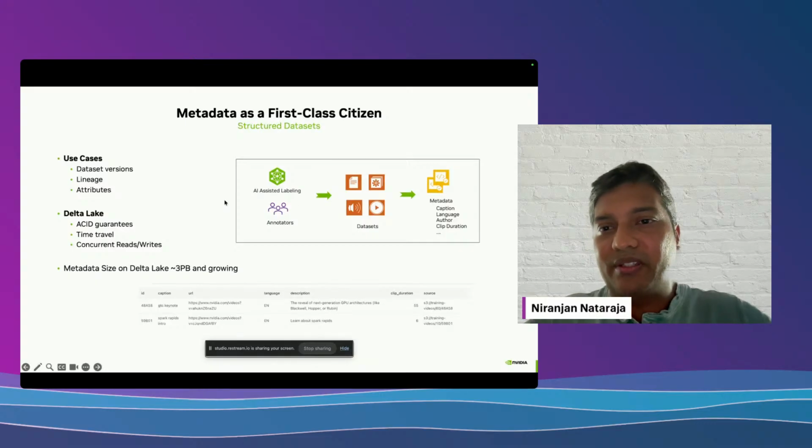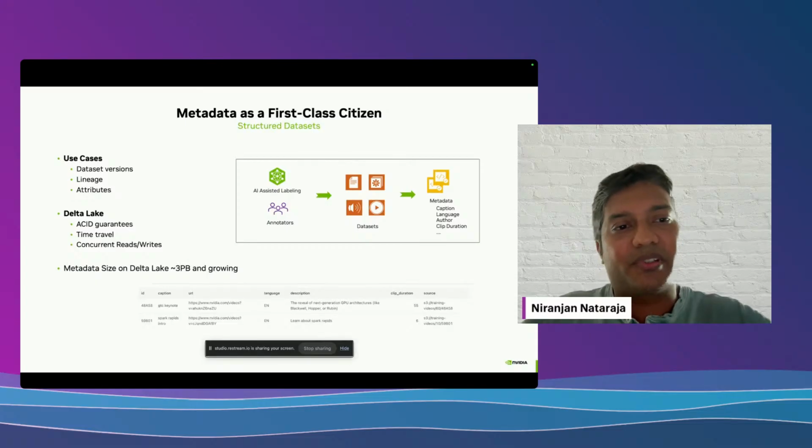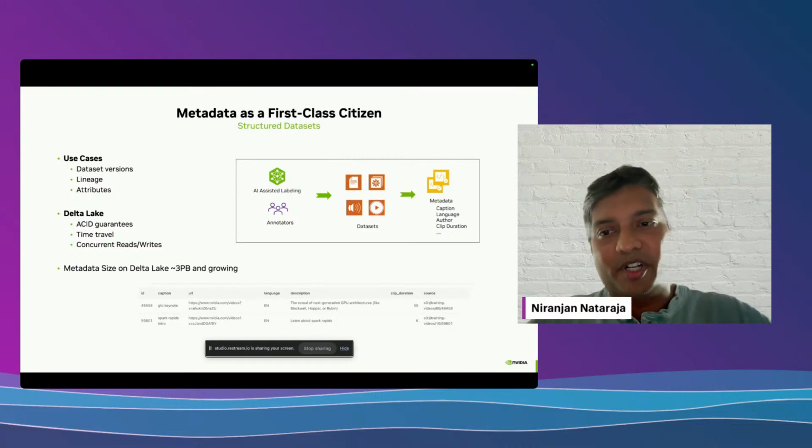And the main use cases here are, okay, we want to be able to track dataset versions or lineage or some of the attributes of the datasets like caption, language, author, clip duration, etc. And this is where structured datasets come into the picture. And generally, we have either human annotators or AI assisted labeling to look into these datasets and generate the metadata.